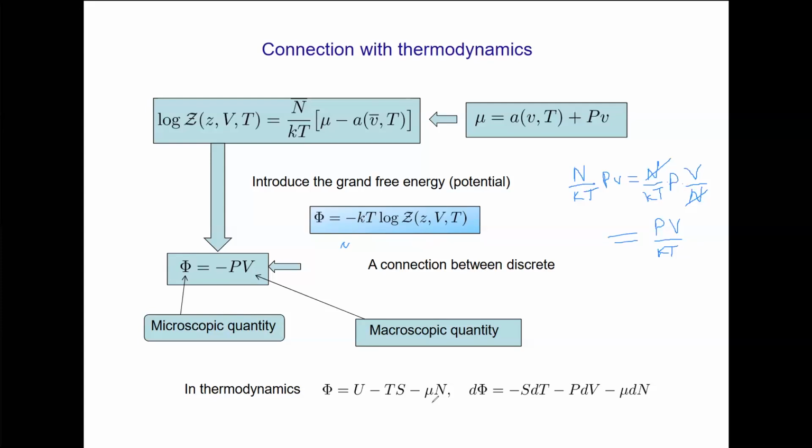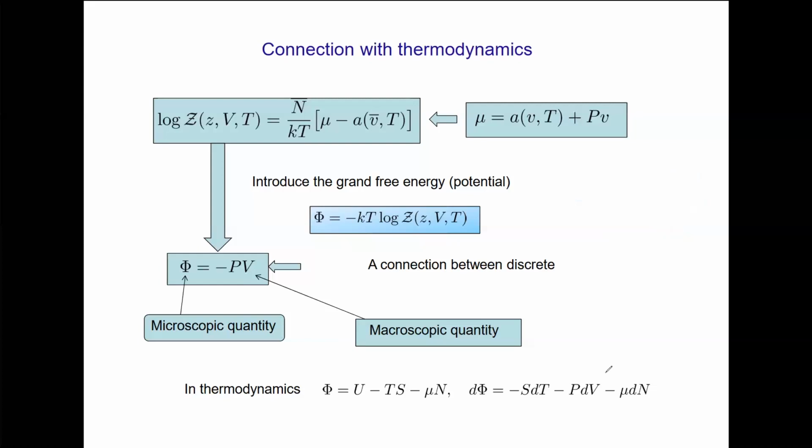And in particular, if you remember, we can introduce the grand free potential in thermodynamics, and it's given in terms of the internal energy, entropy, and the number of particles, with its differential.